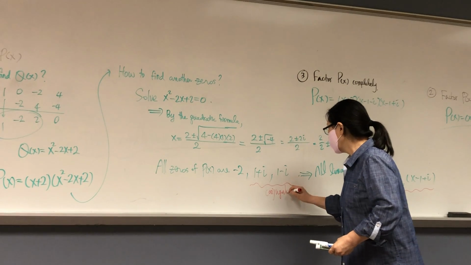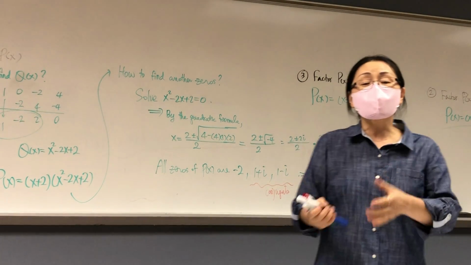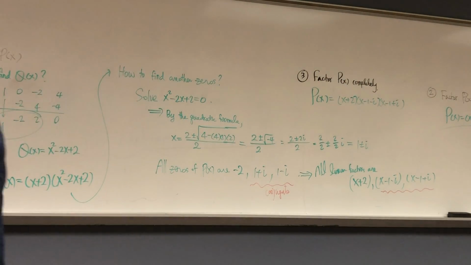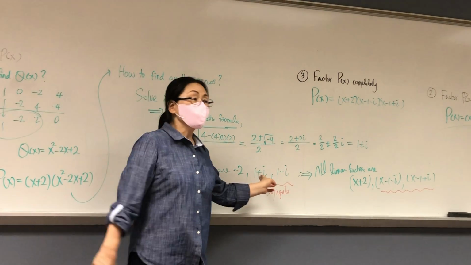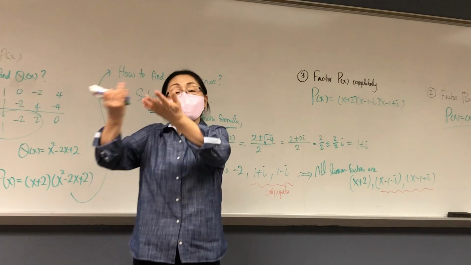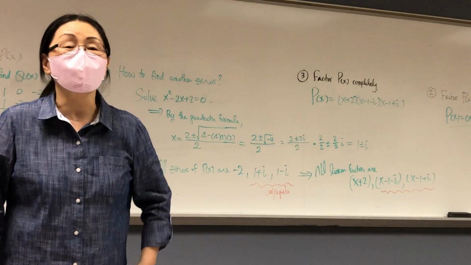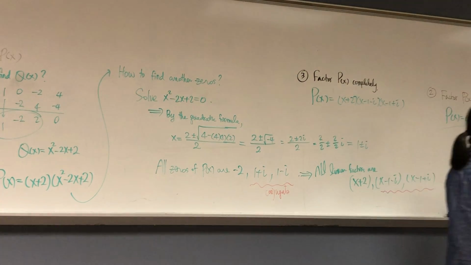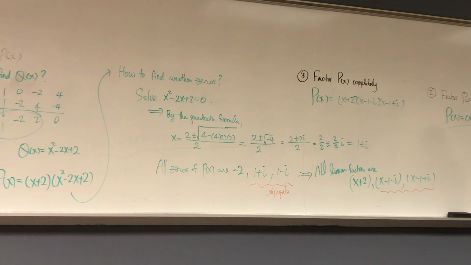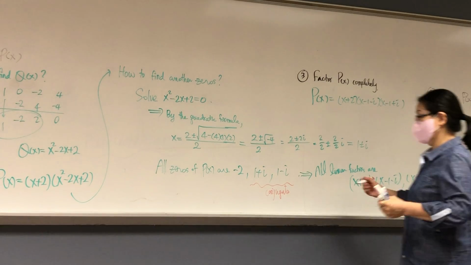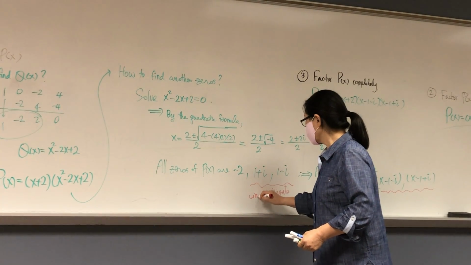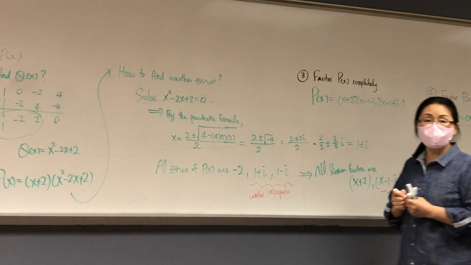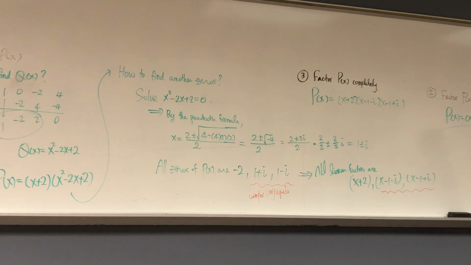If we know one root is i, then negative i is always there too. So if one root is 1 plus i, then the other root is always 1 minus i. Yes, the complex conjugate. Any question?